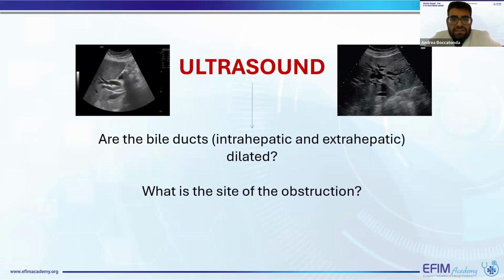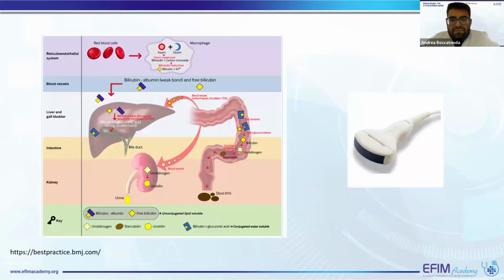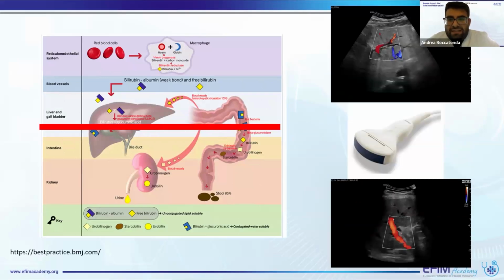Then we deal with the biliary tract, and in particular, ultrasound is very useful to detect the presence of dilation of the biliary ducts, in particular intrahepatic or extrahepatic ducts. So ultrasound can lead us to a differential diagnosis between hepatic or prehepatic disease related to pain, and can be associated with a jaundice clinical picture, or a posthepatic dilation of the bile duct.